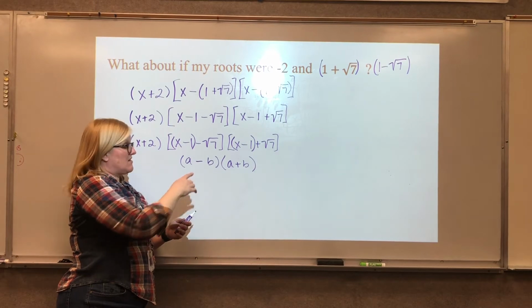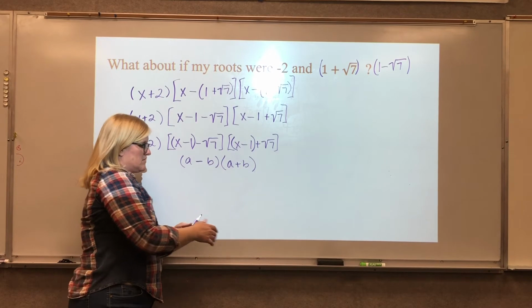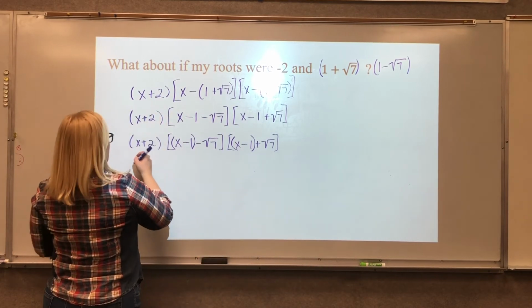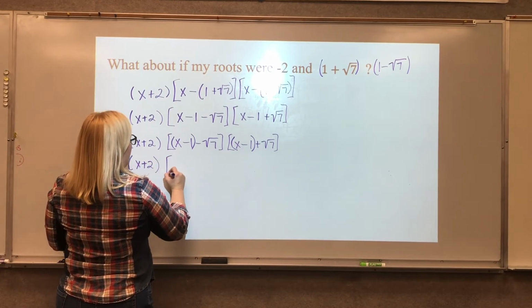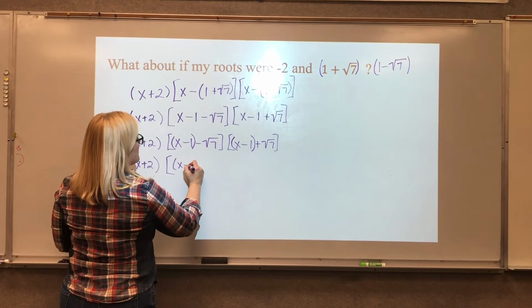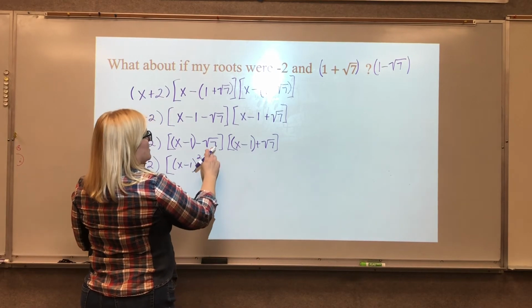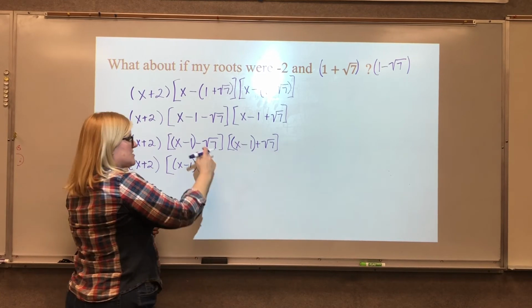So what do I get when I multiply these? Well, I'm going to get a squared minus b squared. So x plus 2 is still hanging out. Now we've got x minus 1 squared minus the square root of 7 squared, which is 7.